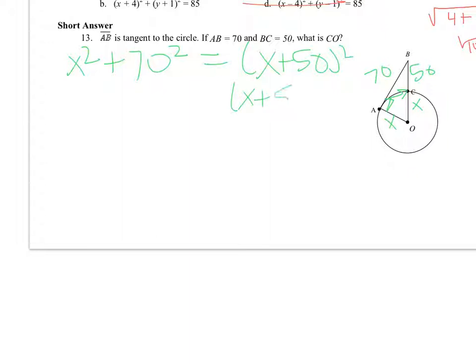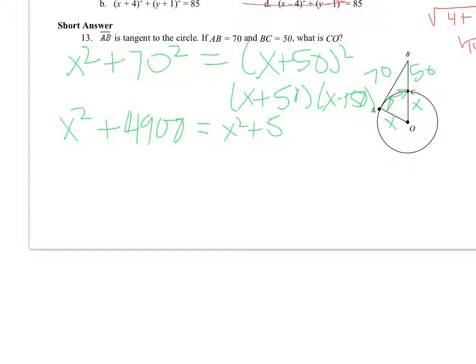Please do not make the mistake of not FOILing. If you just distribute the squared, you're not going to get the correct answer. So you have x squared plus 70 squared, which is 4,900. And if I FOIL first, outside, inside, last, plus 2,500, minus my 2,500, minus my x squared from both sides.